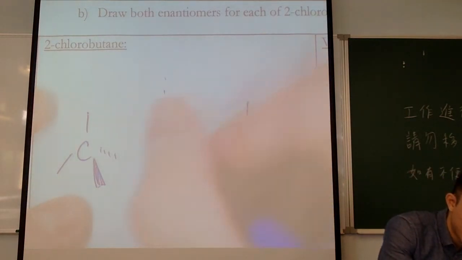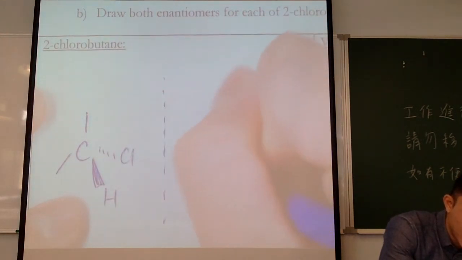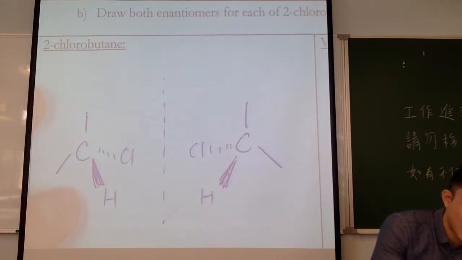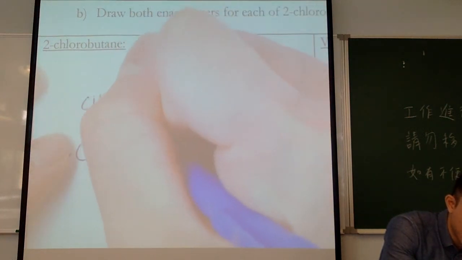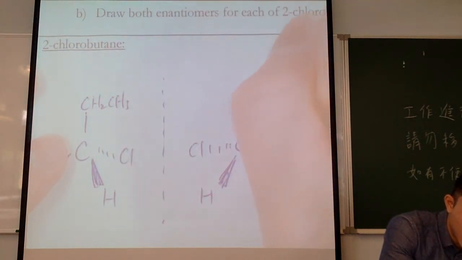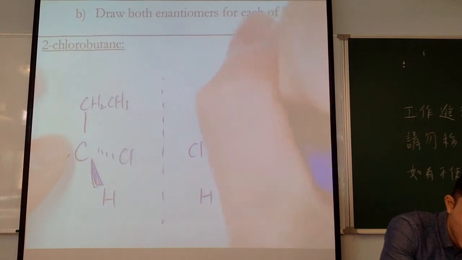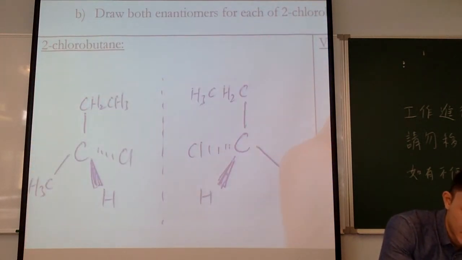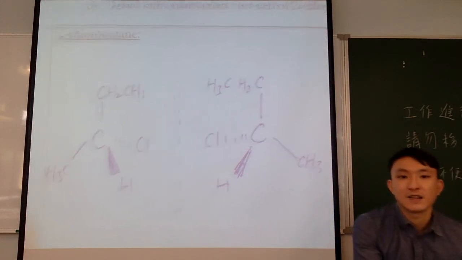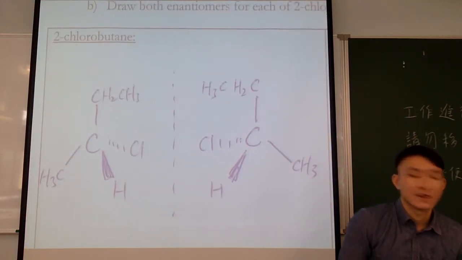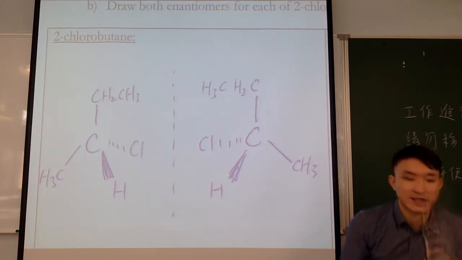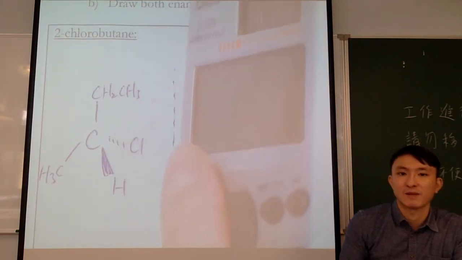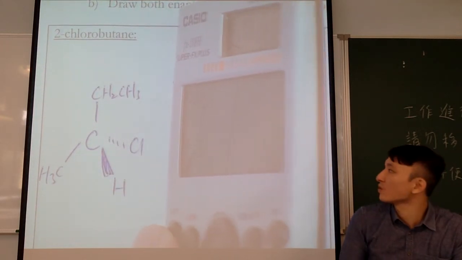So for me, I will put the hydrogen here, the chlorine here. As long as they match, it doesn't matter. The ethyl group here. And lastly, a methyl group here. So that's the idea. Okay? You can always double check by using a calculator, put it here, and check the mirror image to see if that is what you want. Okay?